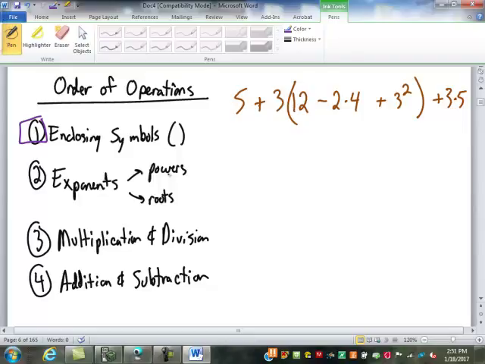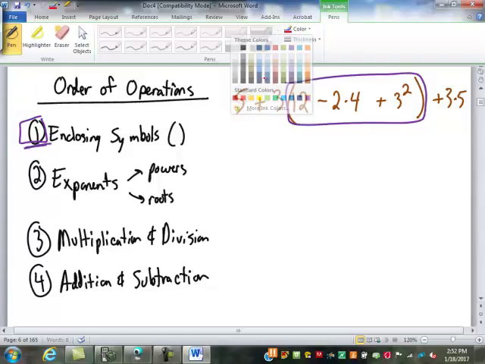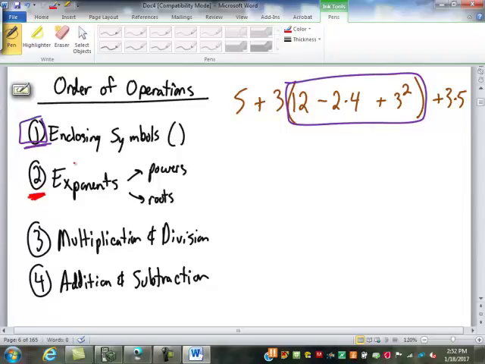Yes. We have a parenthesis. Stick with me, guys. So we're going to start out there inside that purple box, inside the parentheses. Now inside the parentheses, are there any other enclosing symbols? No other enclosing symbols, so we move down to level 2. Exponents. And we have 3 to the power of 2, which is 9. There we go.